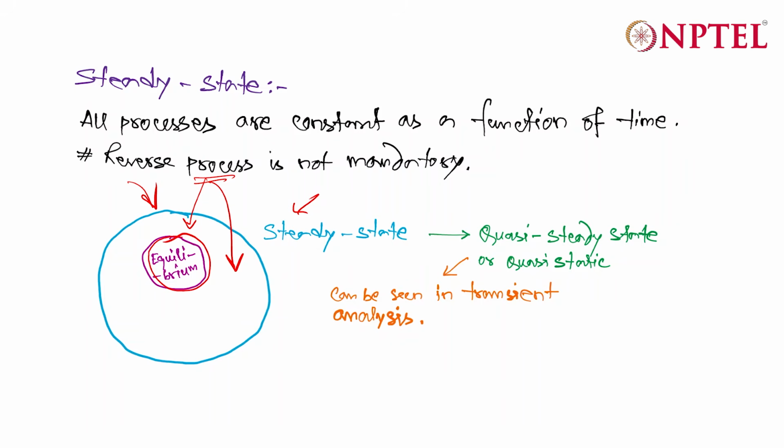Okay. The steady state also has a similar term called quasi-steady state or quasi-static condition that you will find in many analyses. Mostly in transient analysis, you will find that people write quasi-static condition or quasi-steady state condition, but the idea is the same. The idea of quasi is the same, a small deviation. Okay, so that is what steady state is all about.